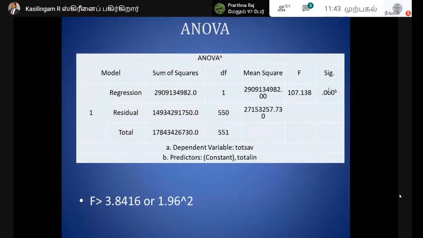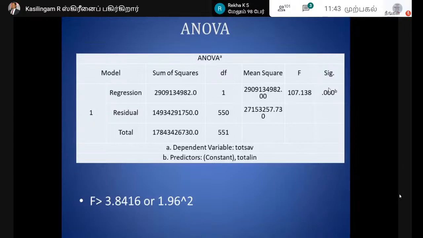If you have taken one independent variable, my residual becomes n minus 1 minus the number of independent variables. So as my independent variables increase, my residual degrees of freedom will come down. So what will happen? My R square will increase.